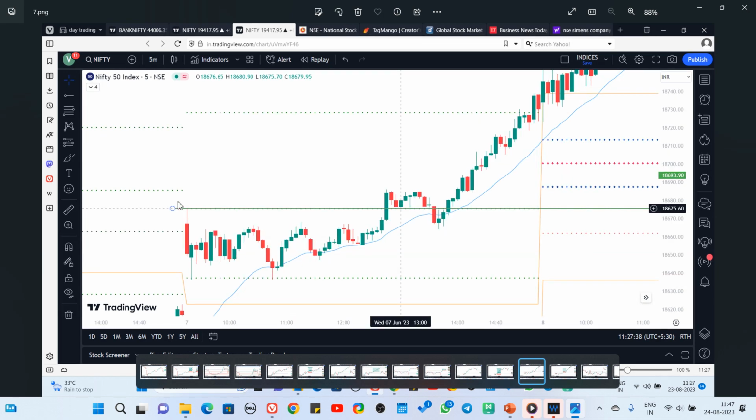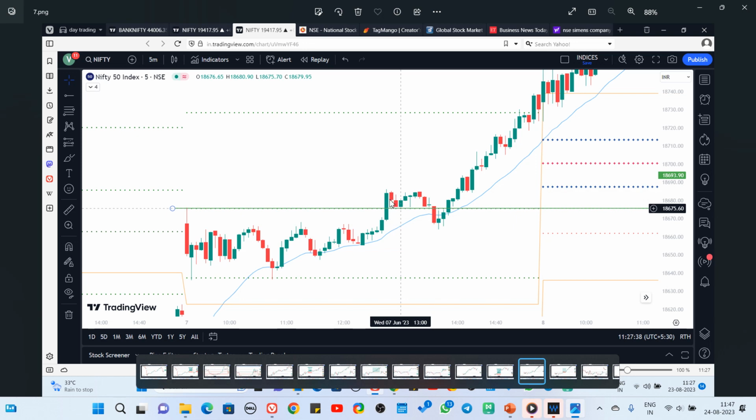Now this is also another red candle high breakout strategy. Once the candle closes above this area, we are going to enter the markets and we place the stop loss below the entry candle. Now what happened here is, see, your strategy is a great strategy and the breakout is also a perfect breakout.